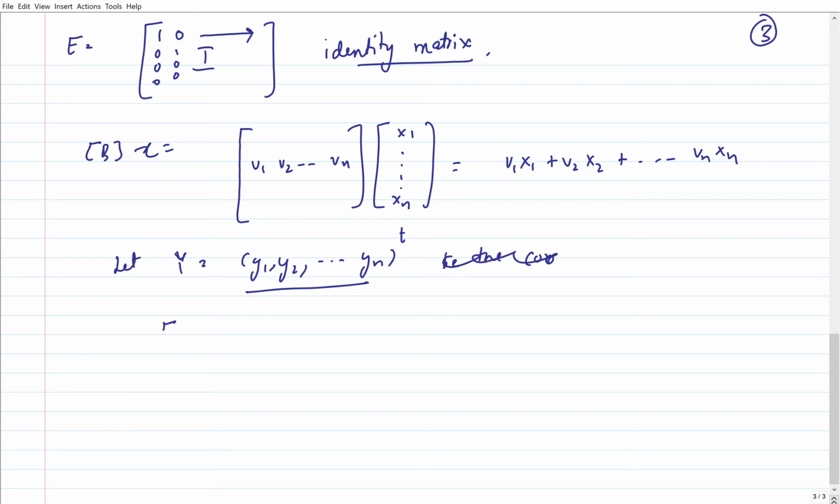So how do I find the coordinates of the vector? Well, by definition, this vector has coordinates x1 to xn. So this was B, x, this was equal to y.